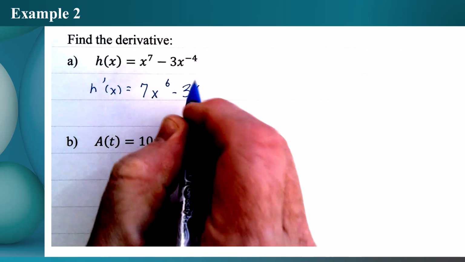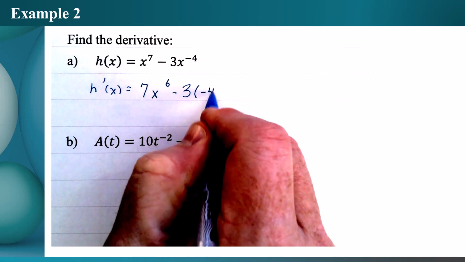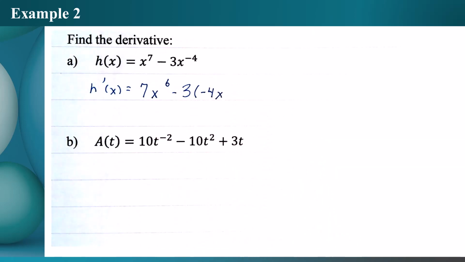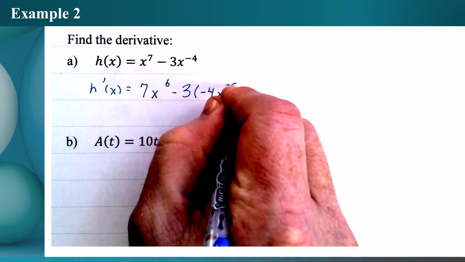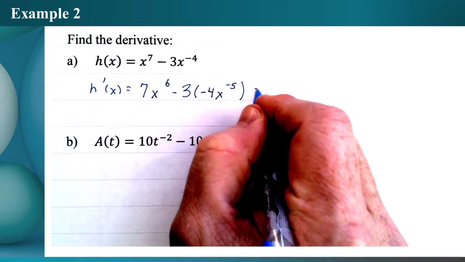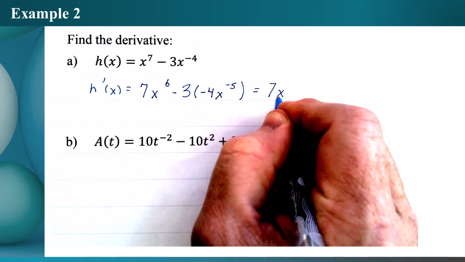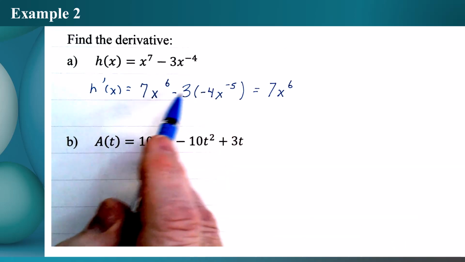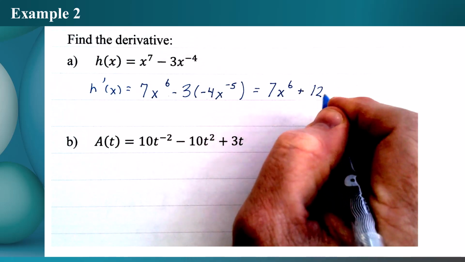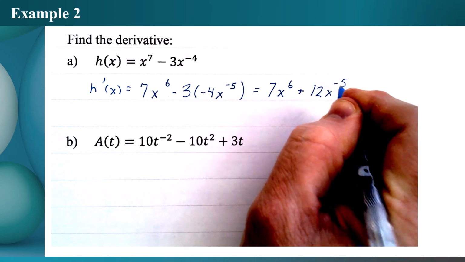And so we know that negative 4 comes out in front, and we subtract 1 from the exponent. So negative 4 minus 1 gives me a negative 5. If we clean this up a little bit, it looks like we have 7x to the 6th. These two negatives will make it a positive, plus 12x to the negative 5th.